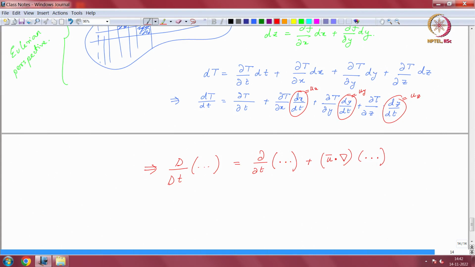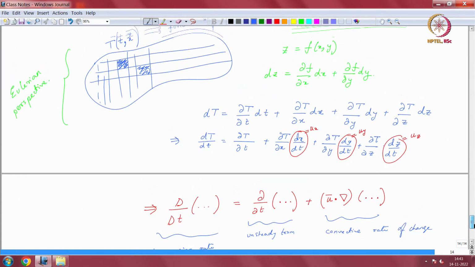So this is now my convective rate of change. This is my unsteady term, and this people call by various names, for example total derivative or Lagrangian derivative. So this shows my Lagrangian rate of change.